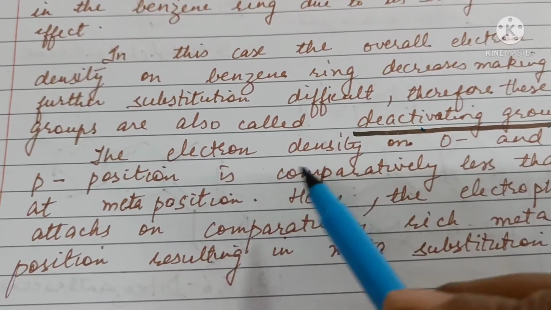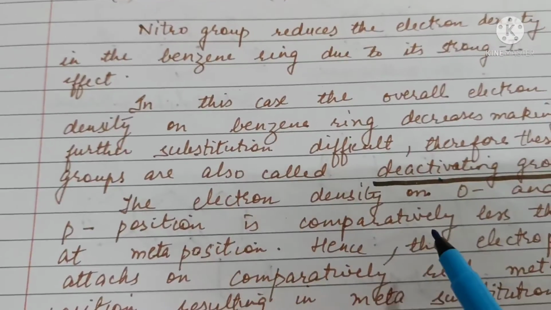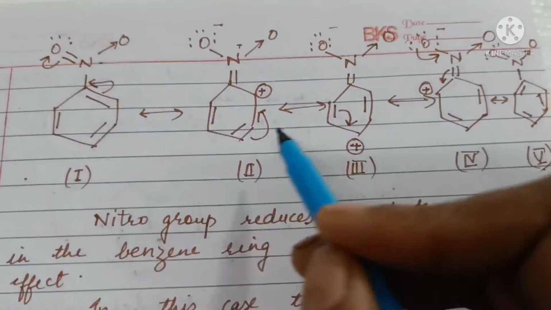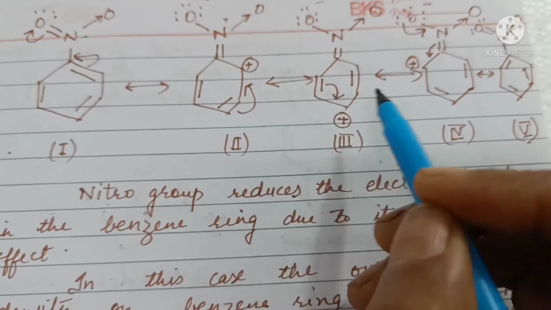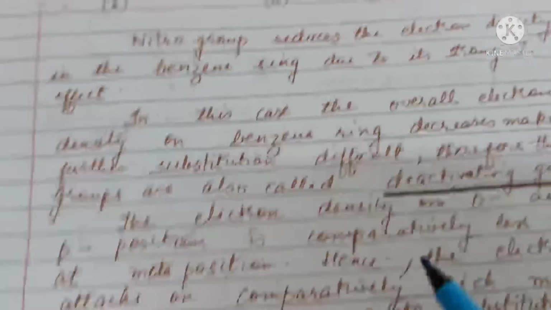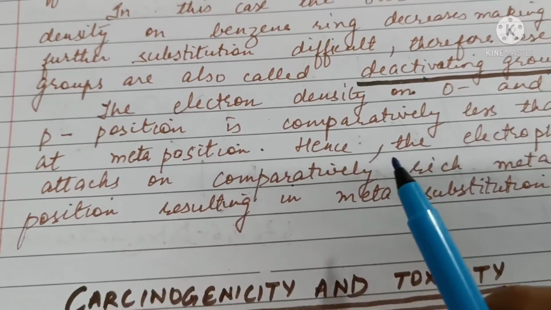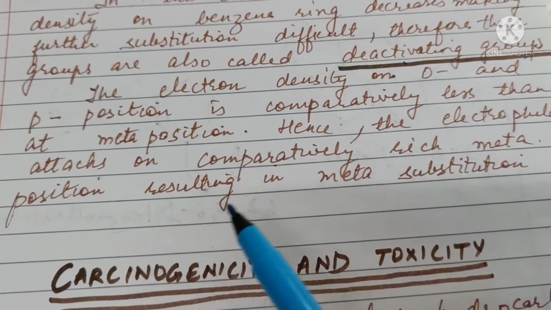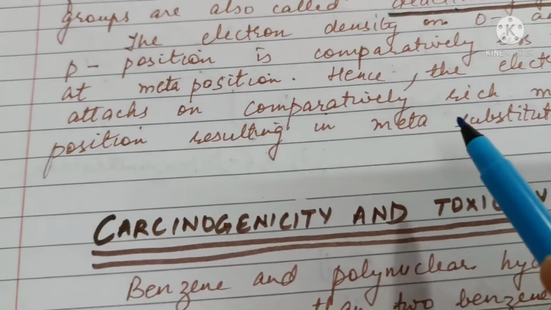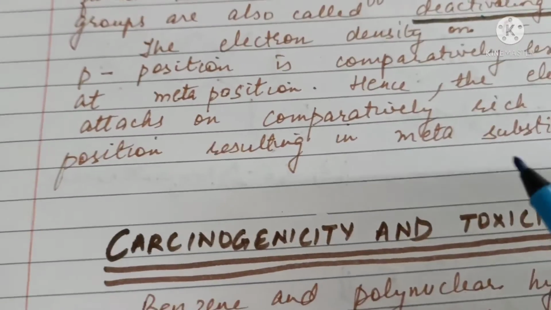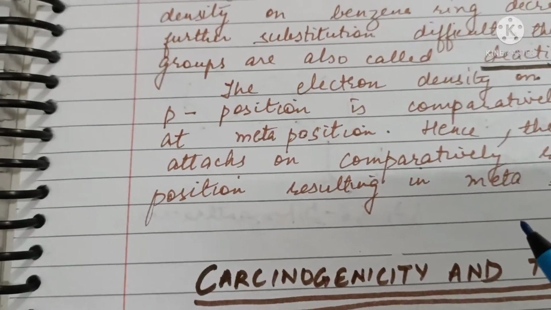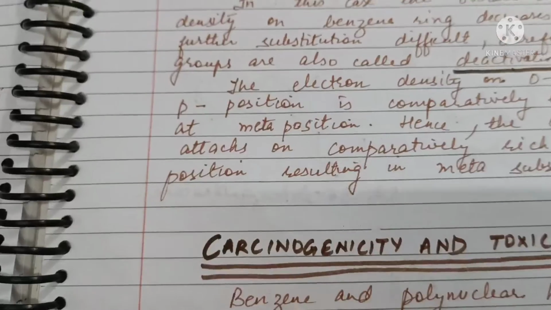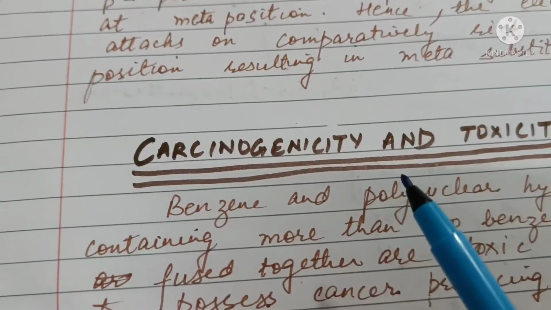The electron density on ortho and para positions is comparatively less than at the meta position because there is no positive charge on the meta position in these structures. So the meta position being more electron rich, the electrophile will approach the meta position and substitution will result there. So the nitro group and other such groups are meta-directing in nature.